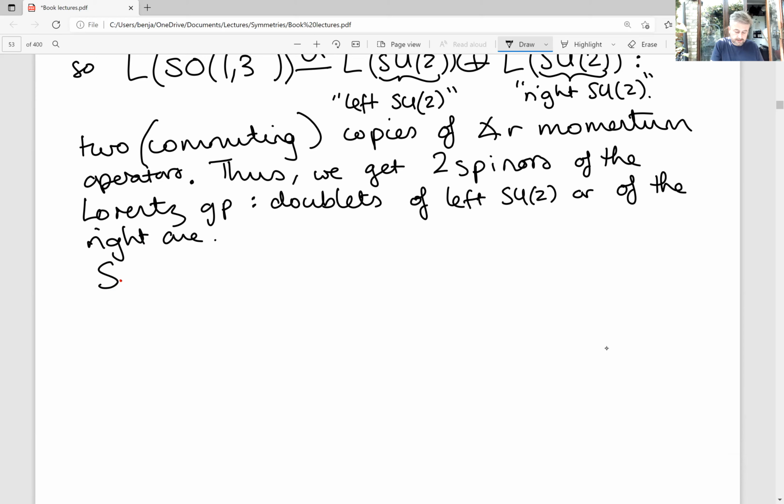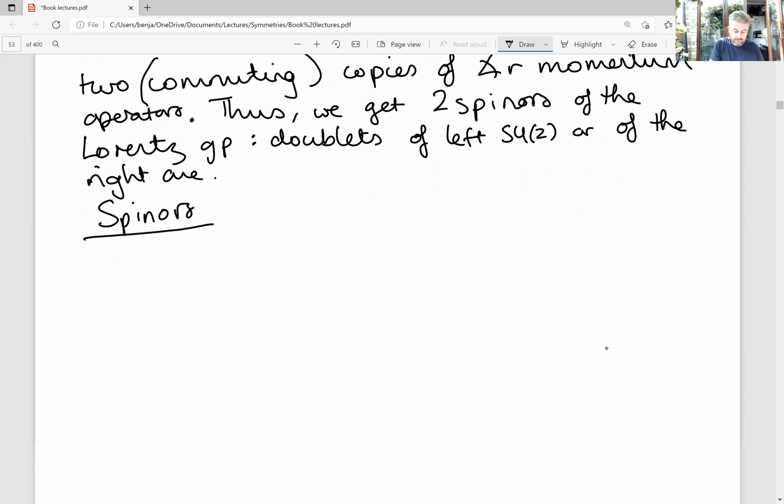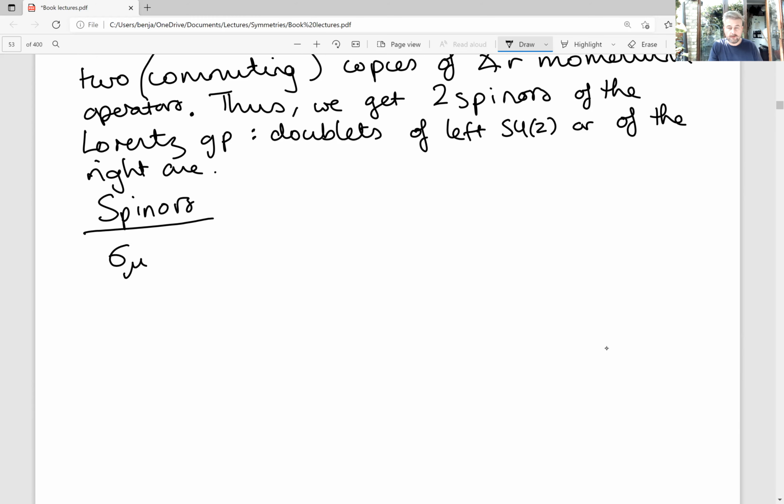Okay, so let's discuss spinors a little now. So we have spinors of SO(1,3), just like we did in SO(3), actually. So we define a strange thing. It's a kind of generalization of the Pauli matrices to SO(1,3). So we define a sigma^mu. This is going to be a 4-vector, but each element of the 4-vector is a 2x2 matrix. So this is I_2 in the 0th component, and it's got the Pauli matrices in the next 3 components.